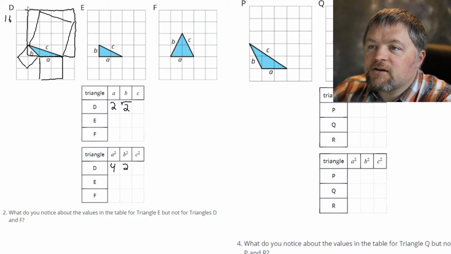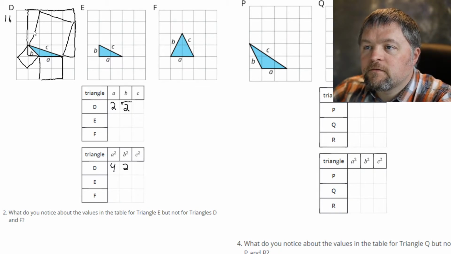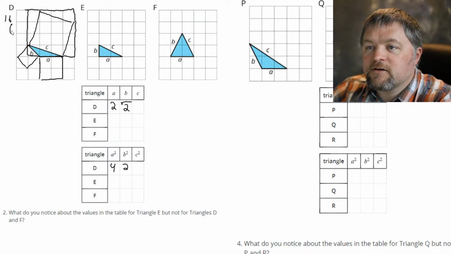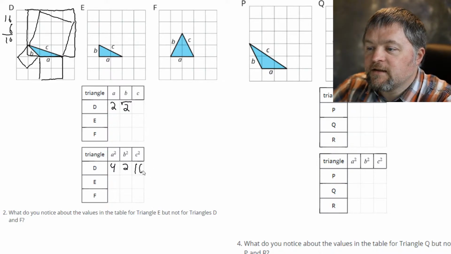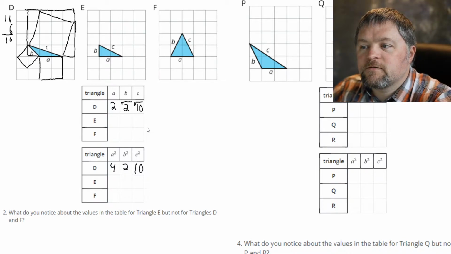Each of these side triangles is 3 by 1. 3 times 1 is 3, over 2 is 1.5. 1.5, 3, 4.5, 6. So that is an area of 6. So the area of this square, square C, is going to be 10 square units. So the side length will be the square root of 10 units.